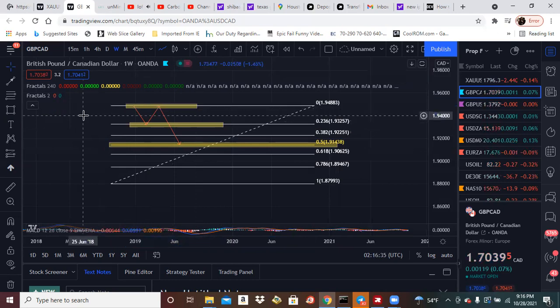So the market is at this. This is the information that the market has for me at this moment. I see it at a 50 fib. It's a deep pullback. When I say deep, it's because it just blew right past the 38. So it's a deeper pullback at this point.